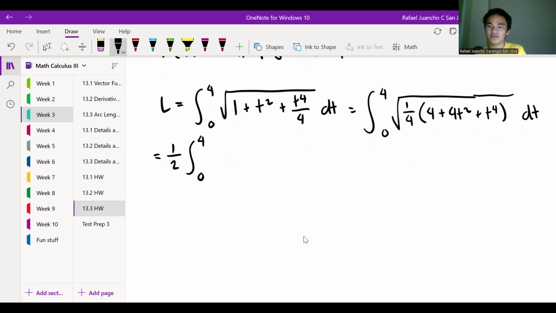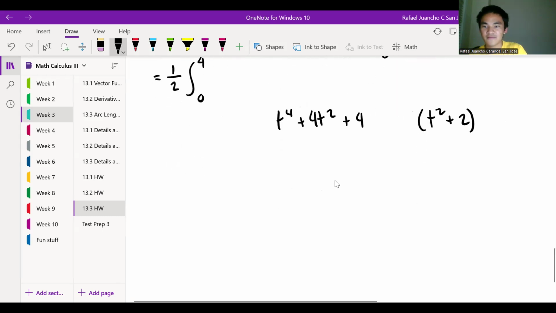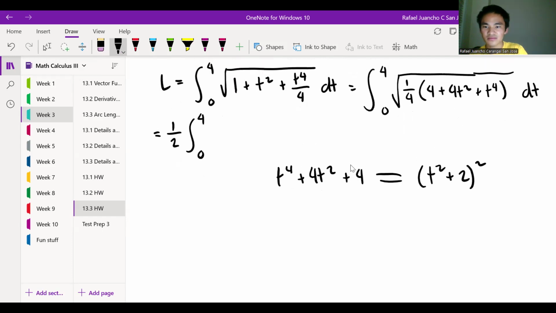And this looks like t squared plus 2, squared. I can square that: t squared times itself gives t to the fourth, I add, and yeah.